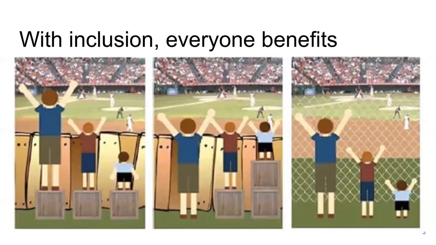Is there a stigma associated with disclosing that he needs that second crate? And is the taller child feeling jealous? Why did my crate get taken away and given to this other child? So there are a lot of social dynamics going on with the traditional model of accommodations, with the traditional model of providing retroactive modifications.